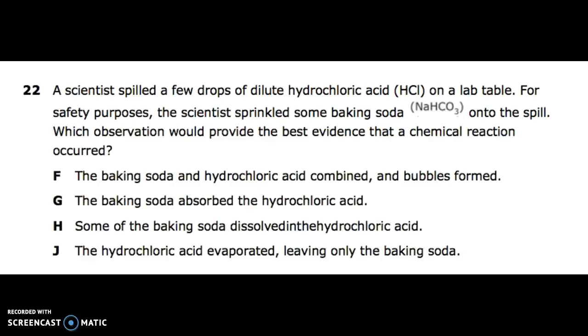Number 22. A scientist spilled a few drops of dilute hydrochloric acid, HCl, on a lab table. For safety purposes, the scientist sprinkled some baking soda, NaHCO3, onto the spill. Which observation would provide the best evidence a chemical reaction occurred?